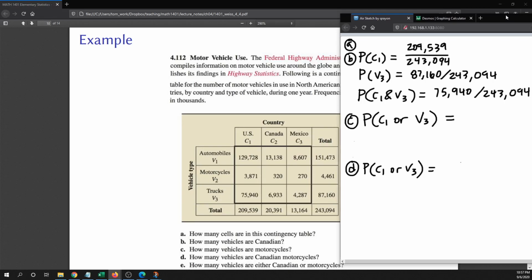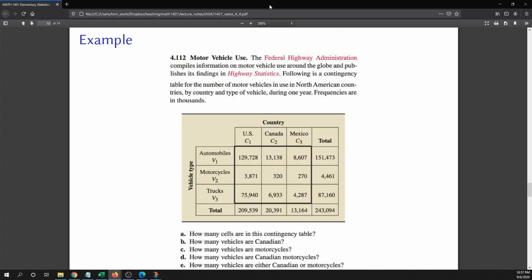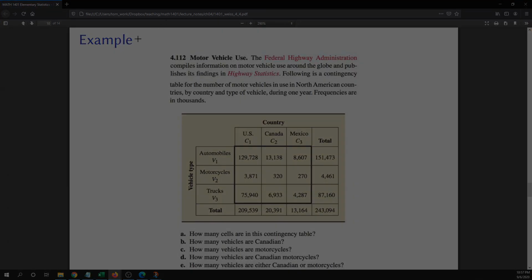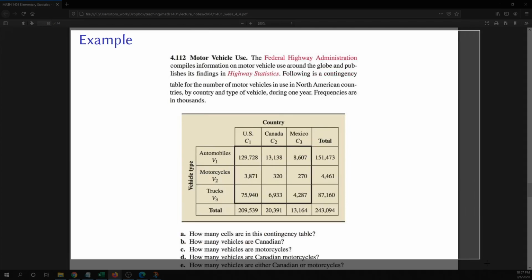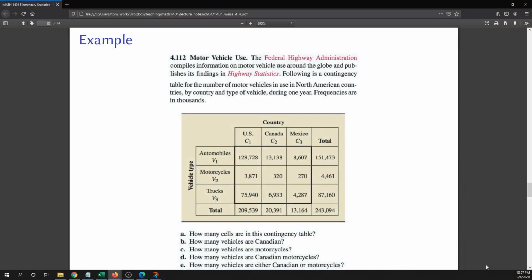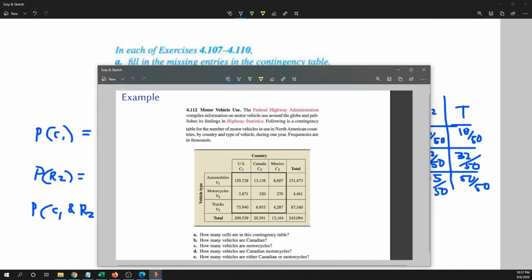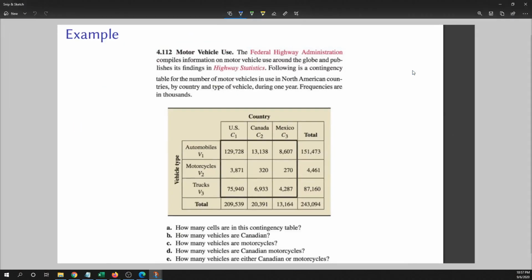Okay, so next up, they want to know the probability of C1 or V3, right? So C1 would be all of these here. And for this, I want to draw on this area right here. So we want to find the probability of C1 or V3.